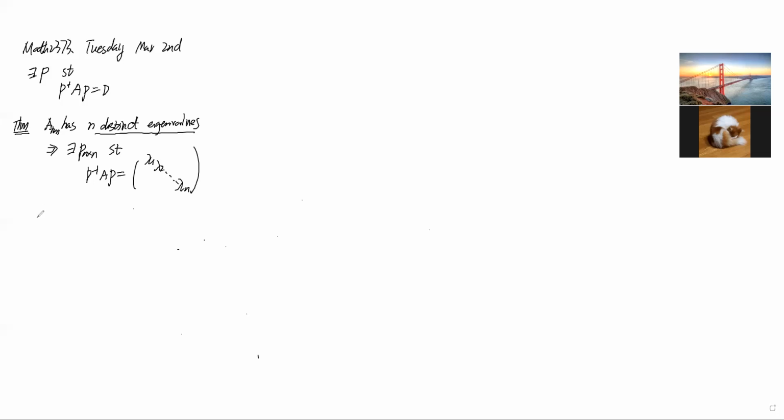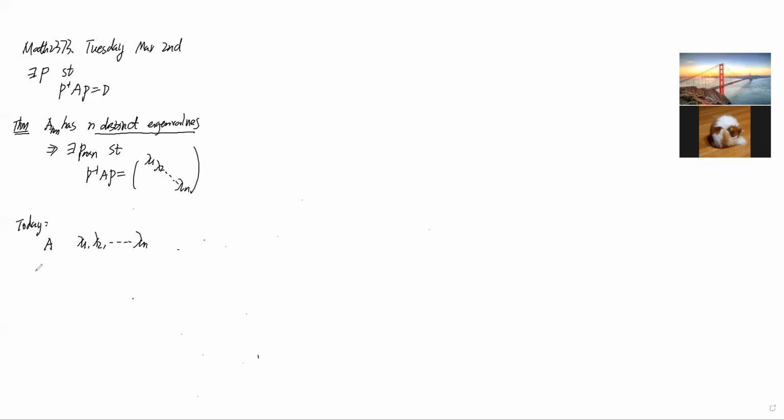For example, if we have a matrix A, you may find lambda 1, lambda 2, and lambda n. Probably some of them are the same. I don't know. But the rule is like this.